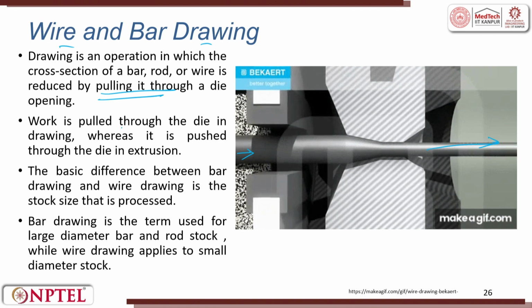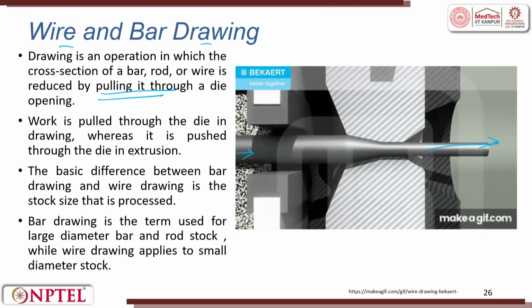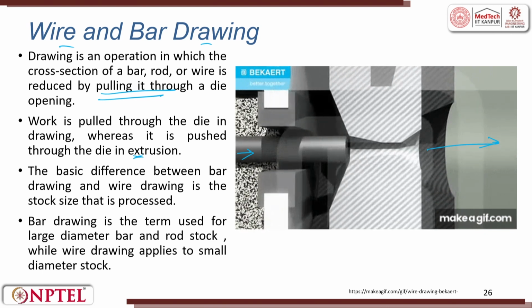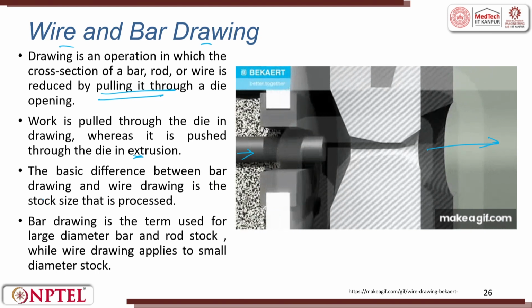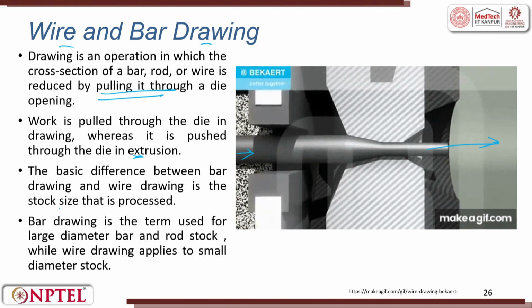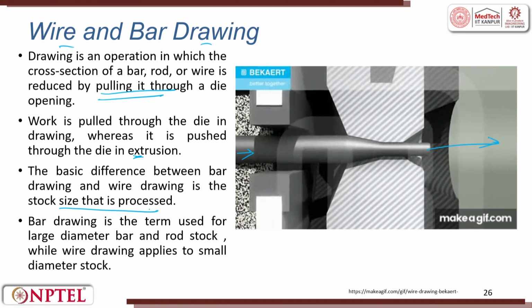There it is all compression, here it is pulling. The work is pulled through the die in drawing, whereas it is pushed through the die in extrusion, a big difference: compression versus tension. The basic difference between bar drawing and wire drawing is the stock cross-section size. Bars are of larger diameter, wires are of thinner diameter.